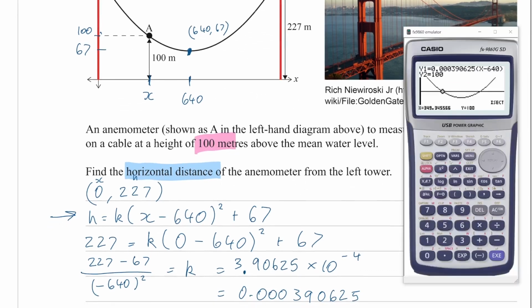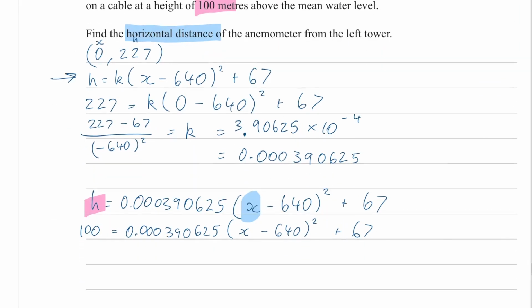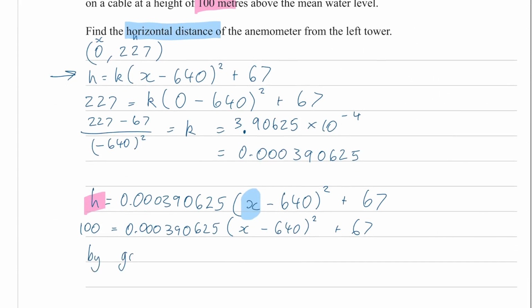You could also hit the right arrow and see the other intersection point, but we're only interested in point A. So by graph, on a graphics display calculator, x equals 349.3 meters. And that's a perfectly valid approach.